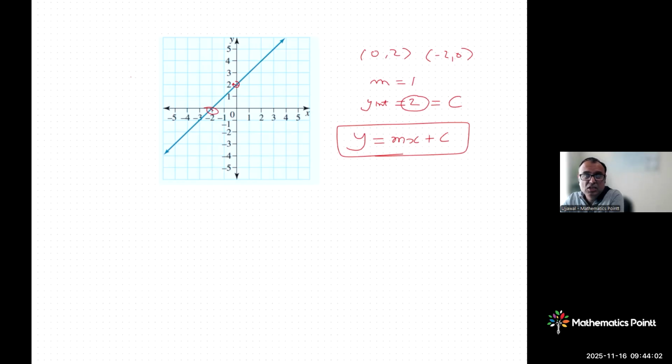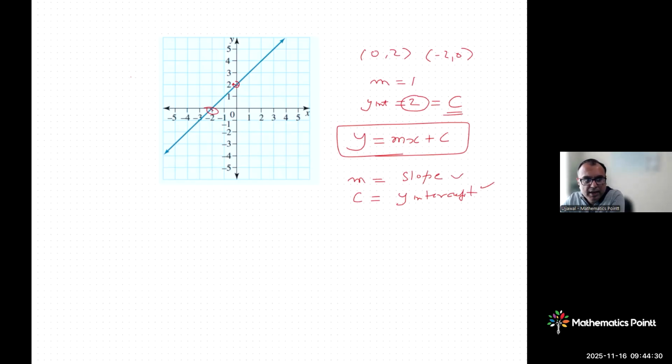So in the world of linear relationships, you need to remember two things: the variable m is used for slope or gradient, and variable c is used for y-intercept. If you know these two values, you can pretty much find the rule of the line.